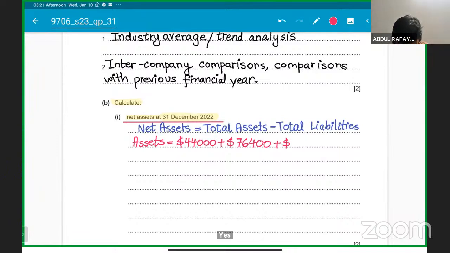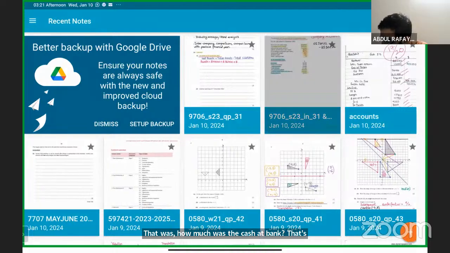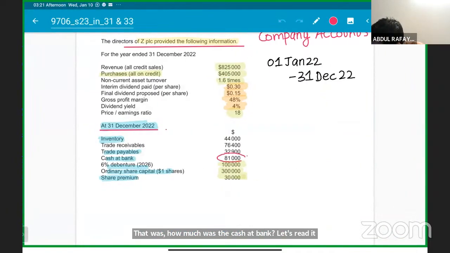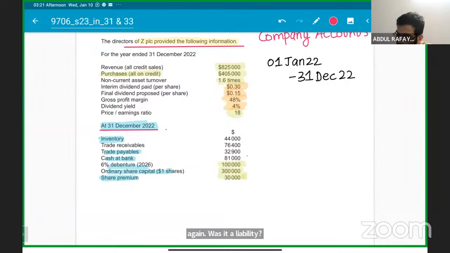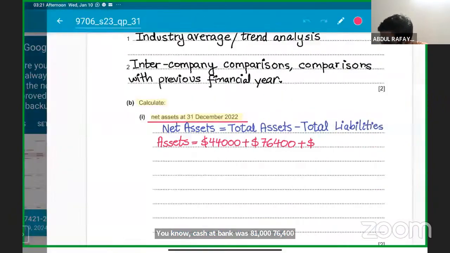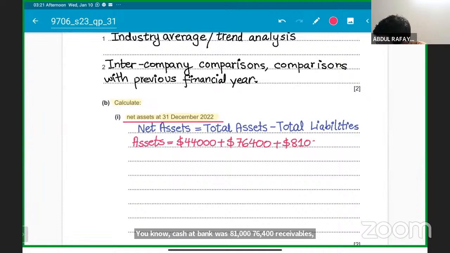Then we have cash at bank as well. Cash at bank was 81,000. So these are all the current assets.